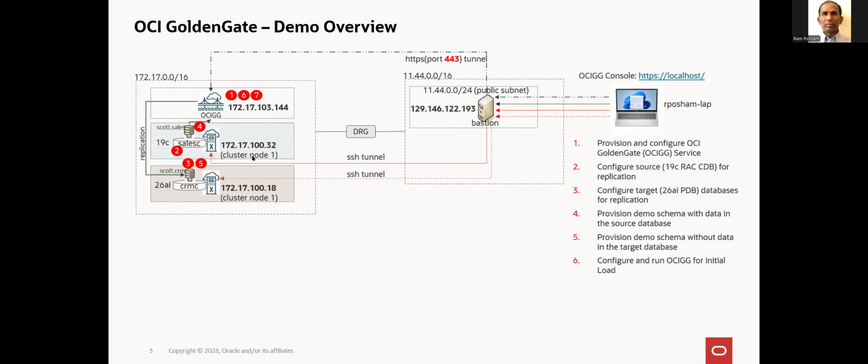So you need to create a replicate. Number six is for the initial load. We need to configure an extract and replicate for the initial load.